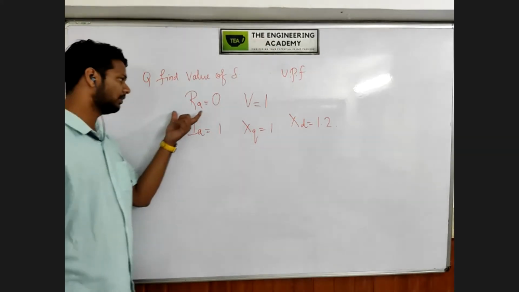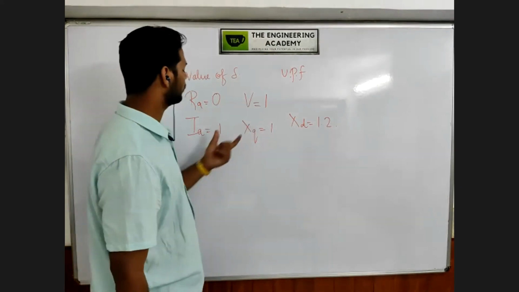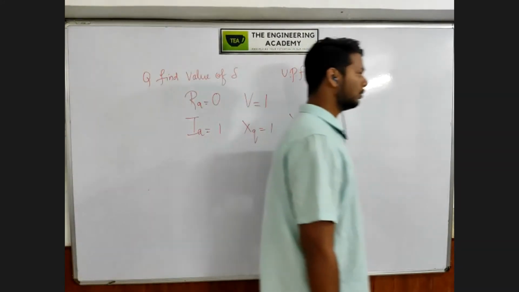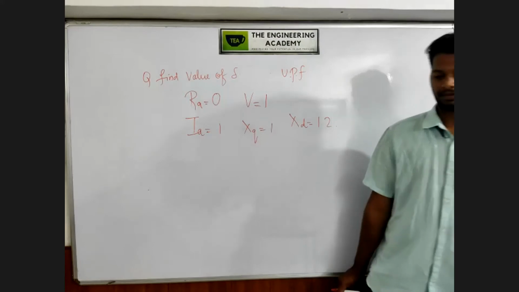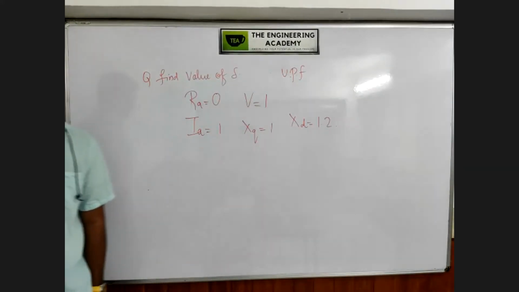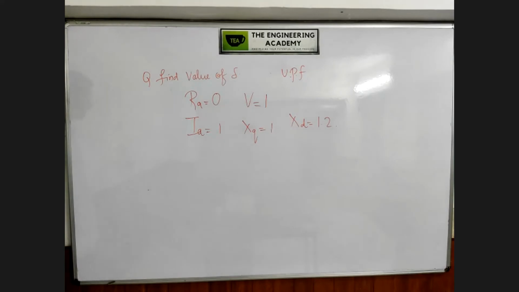In the question, they also gave Ra equal to 0, V equal to 1, Ia equal to 1, Xq equal to 1, Xd equal to 1.2. Calculate the value of del. Can anyone tell me the value of del?